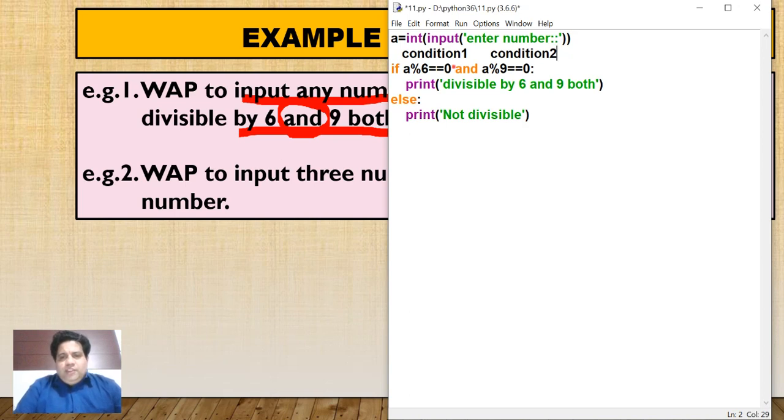And we have combined these conditions using AND. Why have we used AND? Because the program says that it should be divisible by both. Okay. So if A mod 6 equal to 0 and A mod 9 equal to 0, print divisible by 6 and 9 both. Now run this program.